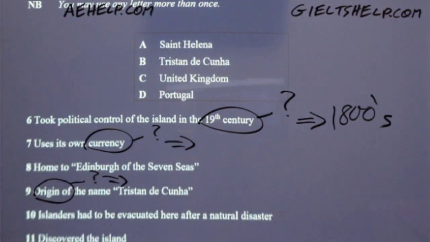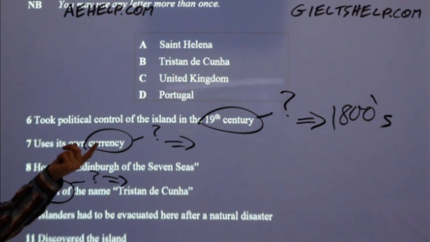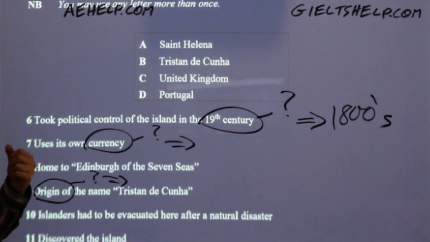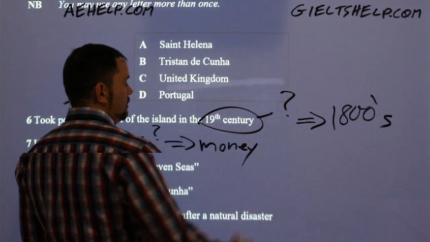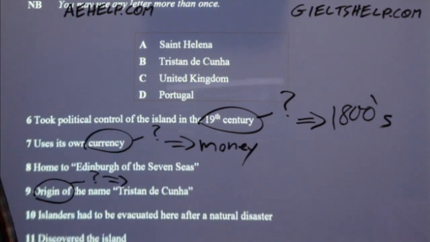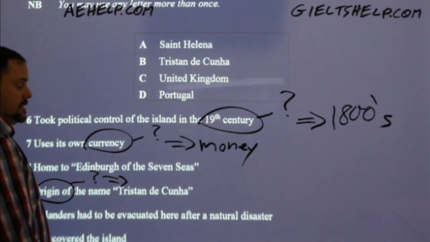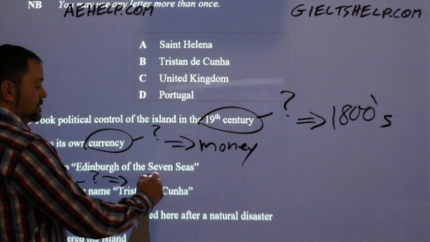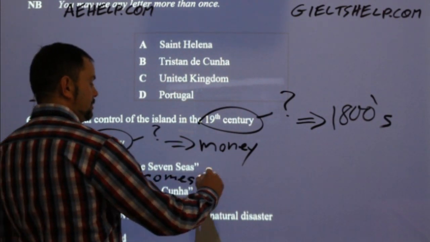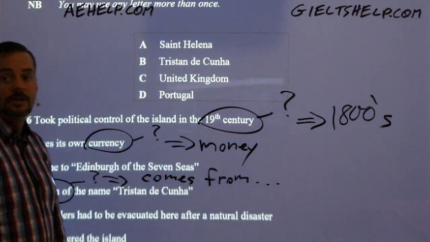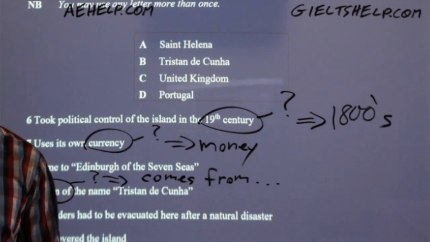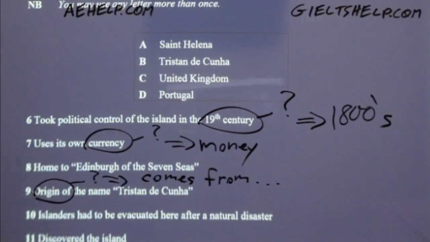Instead of the word currency, you might see the word money, right? Instead of the word origin of the name Tristan da Cunha, you might see a phrasal verb like comes from. So those are the paraphrasings that come to mind.